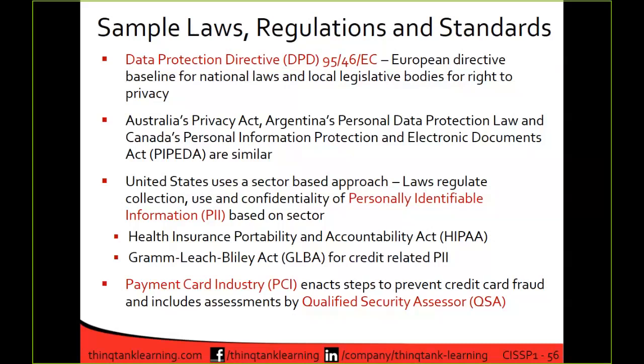SOX compliance was actually derived from the issue that occurred with WorldCom. I don't know if you guys remember the financial fraud that WorldCom imposed on its customers, or Enron.